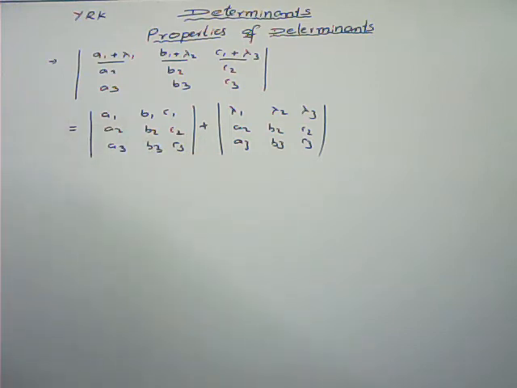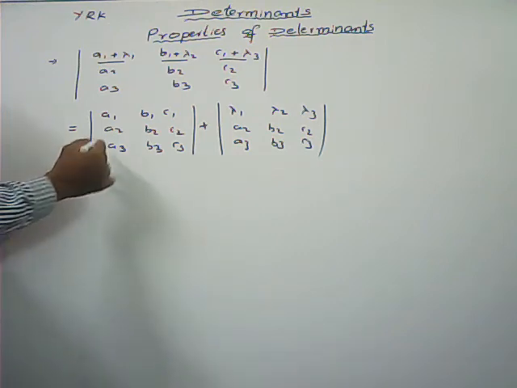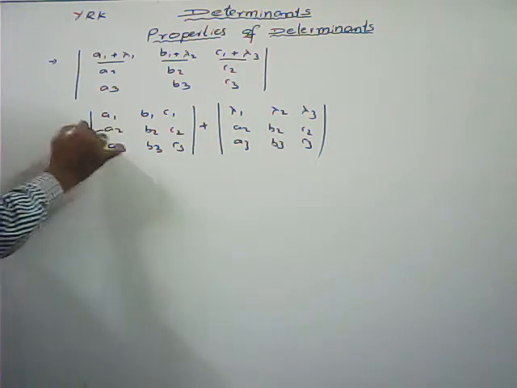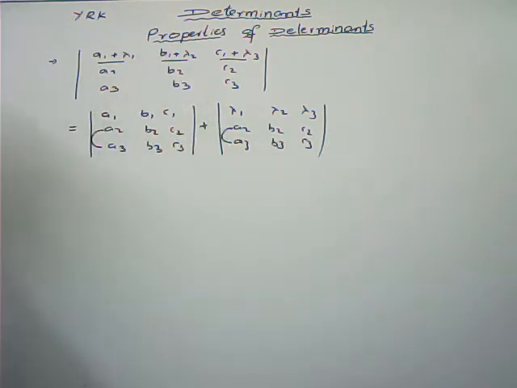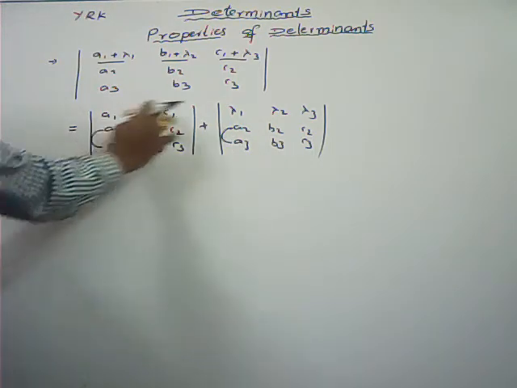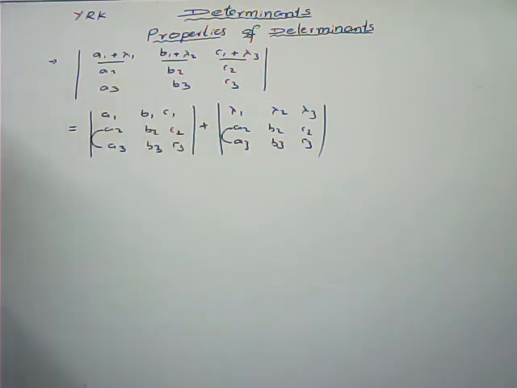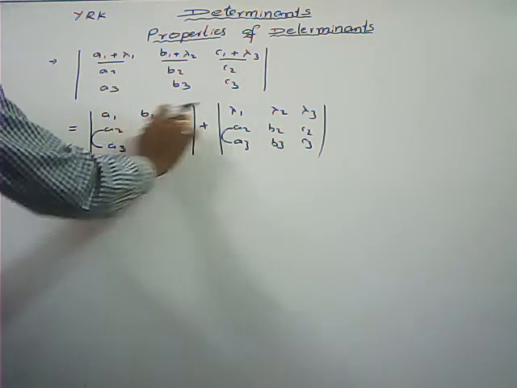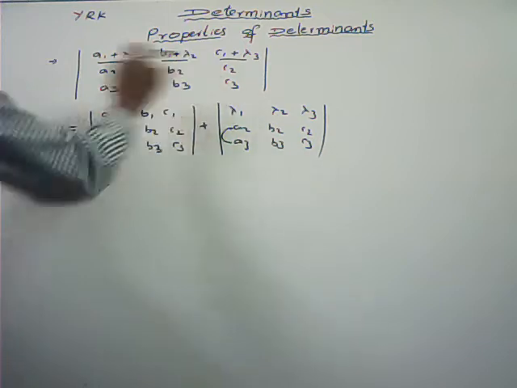And here only I am saying how to add two determinants. Either two rows or two columns should be identical. Now here you can see these two rows R2 and R3 are both identical. Both are the same. Then only we can add two determinants. Keep the common rows the same, and add the corresponding elements in the first row: a1 plus lambda 1, b1 plus lambda 2, c1 plus lambda 3.